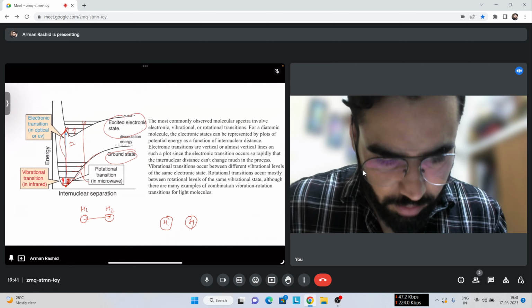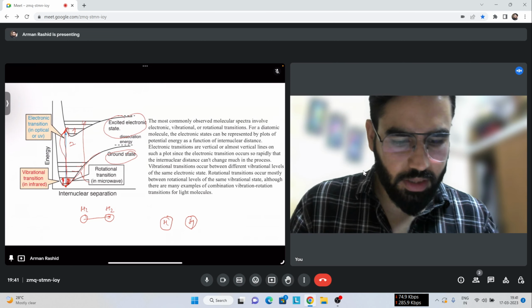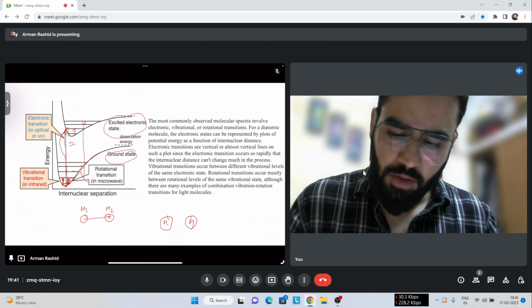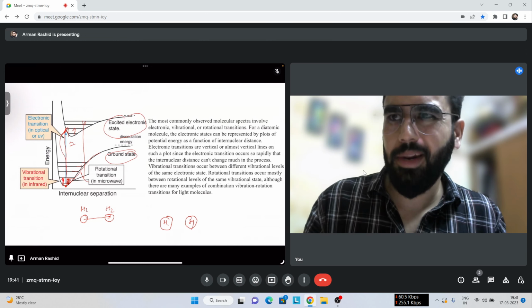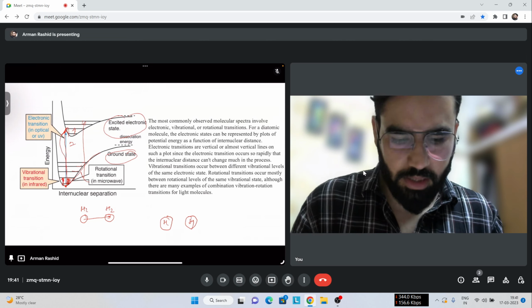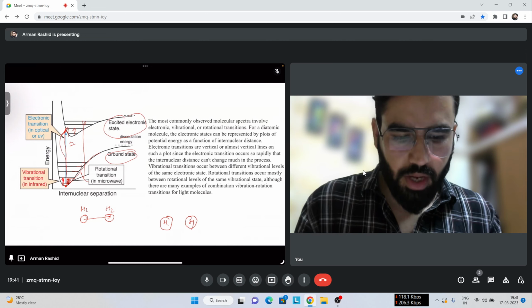For a diatomic molecule, the electronic transitions can be represented by plots of potential energy as a function of internuclear distance. If you have a more complex system, the potential energy surface is more complex. Electronic transitions are vertical, or almost vertical.